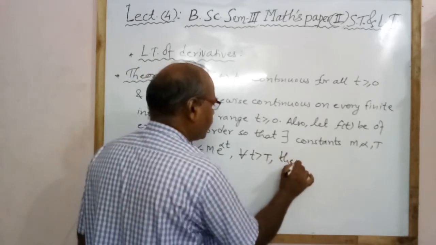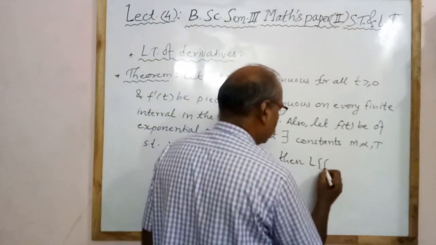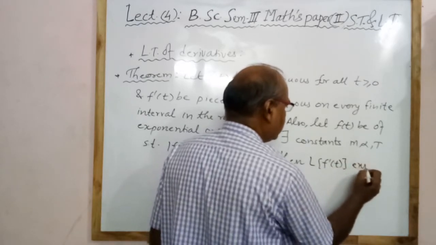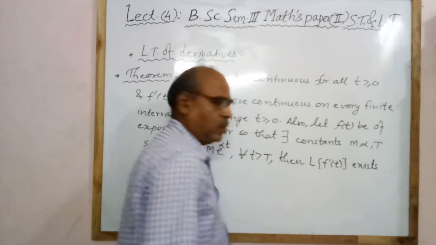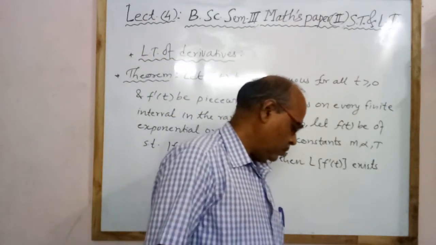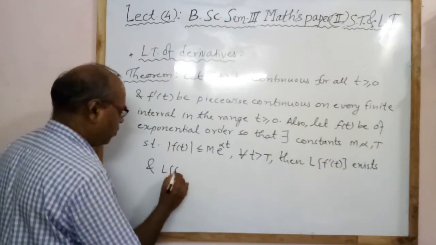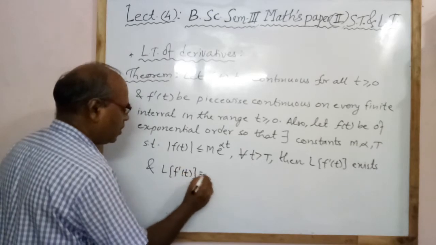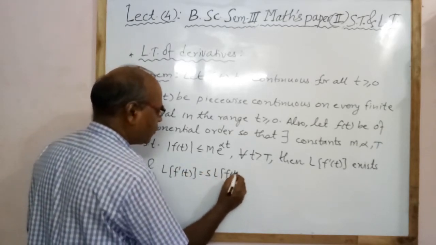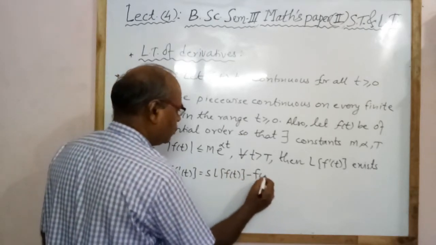Then the Laplace transform of f dash of t exists, and it is given by Laplace of f dash of t equal to s into Laplace of f of t minus f of 0.